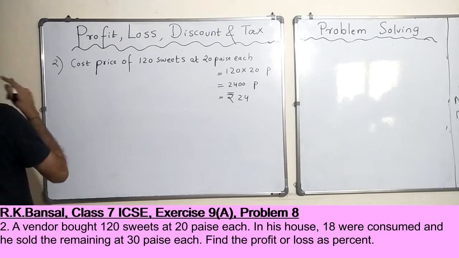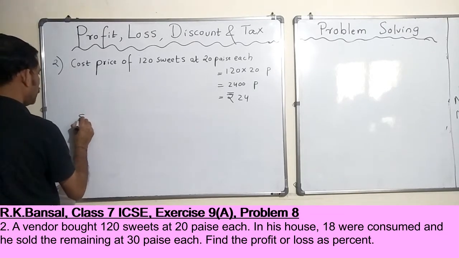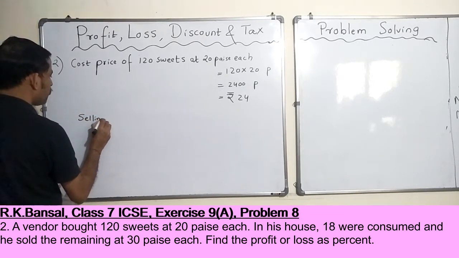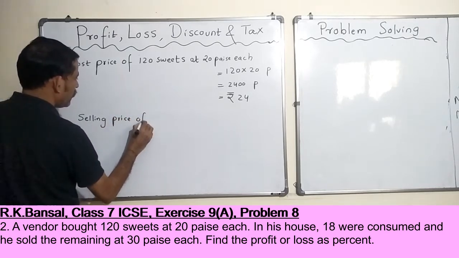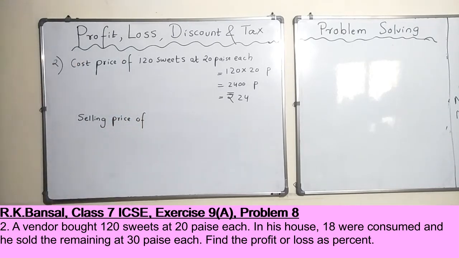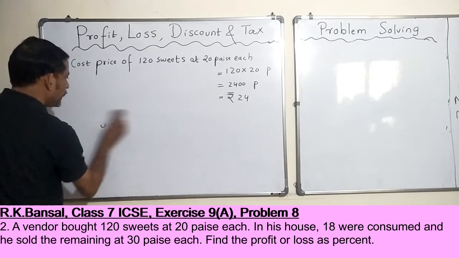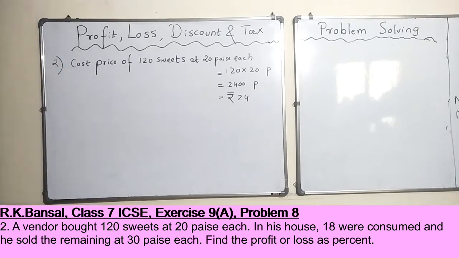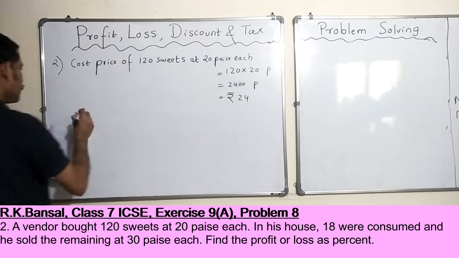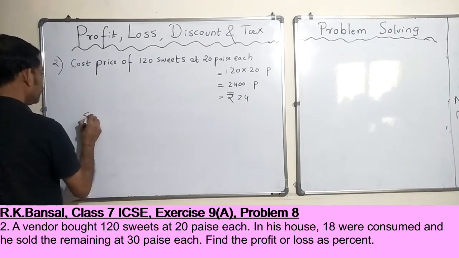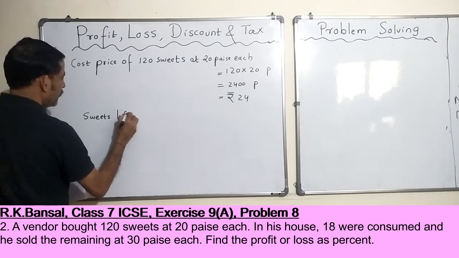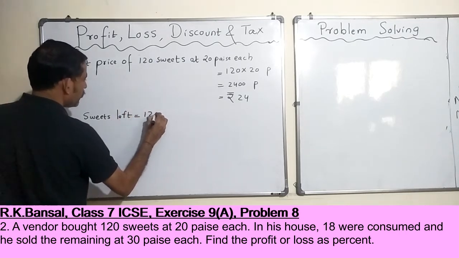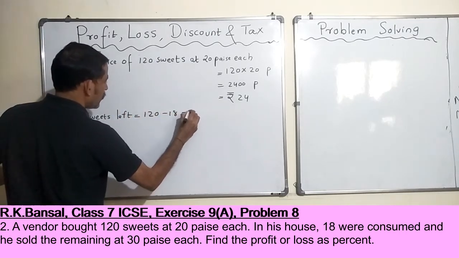Now selling price. Before that, 18 were eaten by his own children probably. So sweets left is equal to 120 minus 18 is equal to 102.